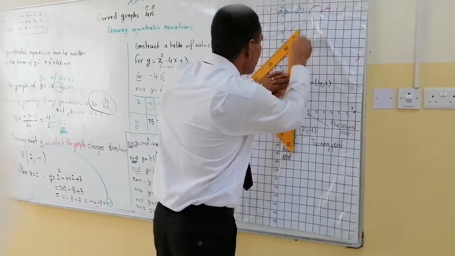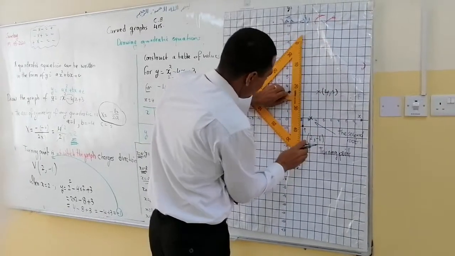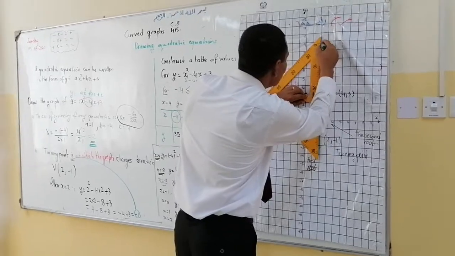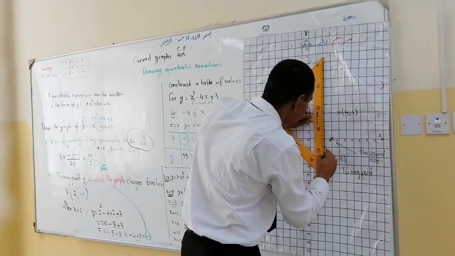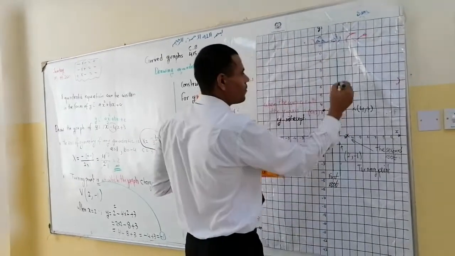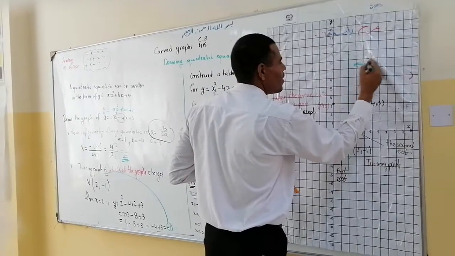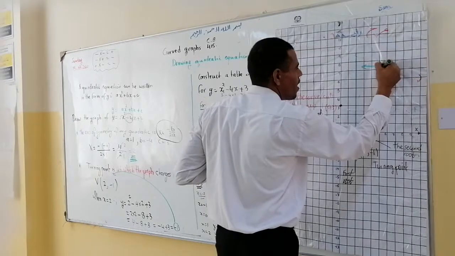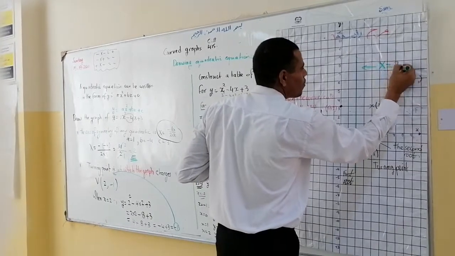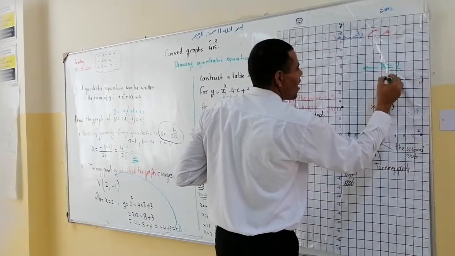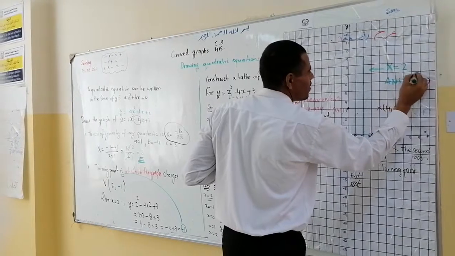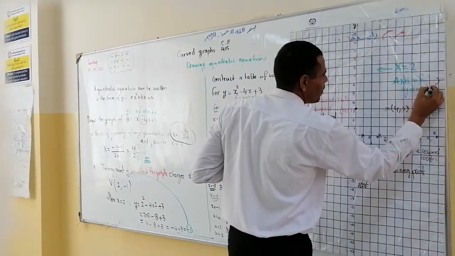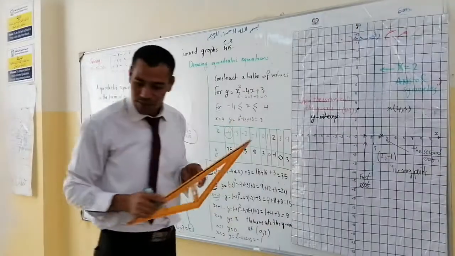Sorry, it's not clear for the green color, is it? I will try another time. The green one is called the axis of symmetry, and I will label it as x equals 2.